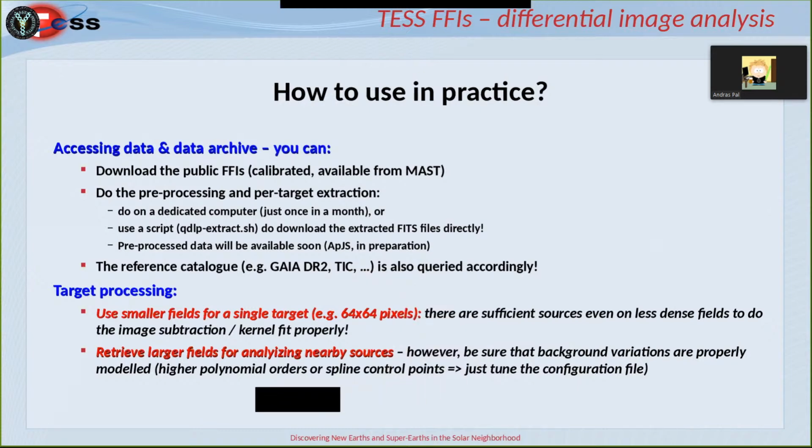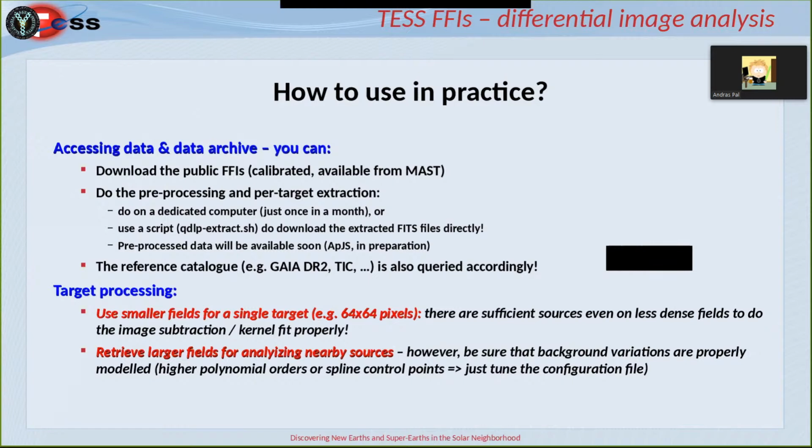Okay, so target processing is done as I showed you earlier. If you have a smaller field of view for your target, like 32 by 32 pixels or 16 by 16 pixels, the number of stars in the background or in the vicinity is not sufficient to derive the differences between the images accurately.